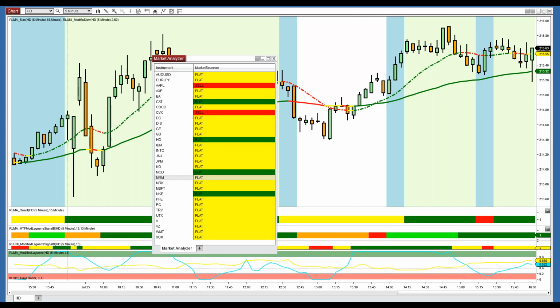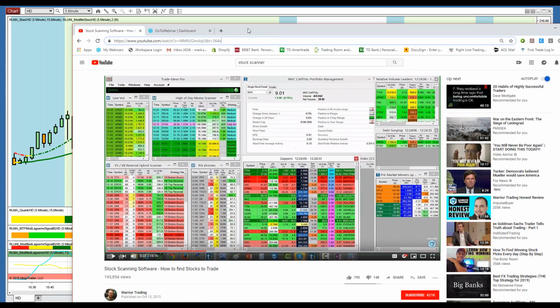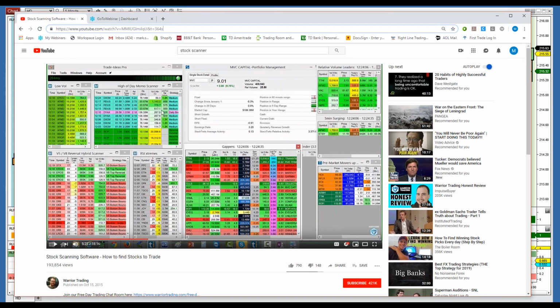A million different parameters to screen for a million different set of instruments. And normally, a scanner is only either going to look at stocks or futures or Forex. It's not going to look at all three. And if you look here, there may be filters you can use, but it doesn't really give you a trade.